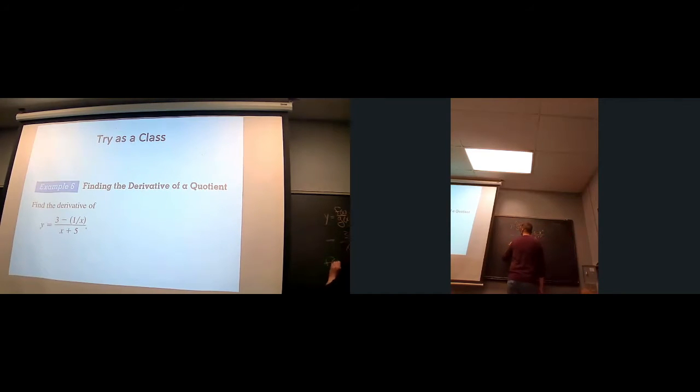F of x, I rewrite this as 3 minus x to the negative first, which means the derivative is going to be positive x to the negative second power, right? Because we're pulling down this negative 1.